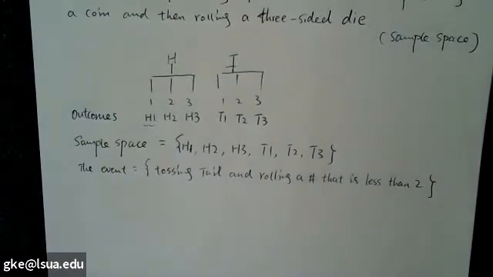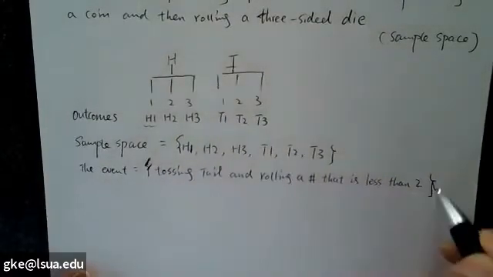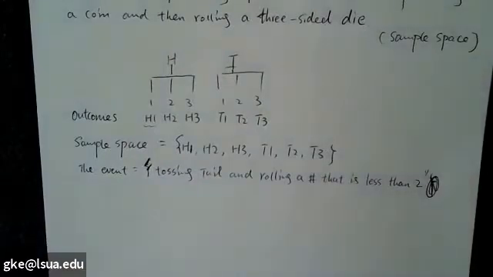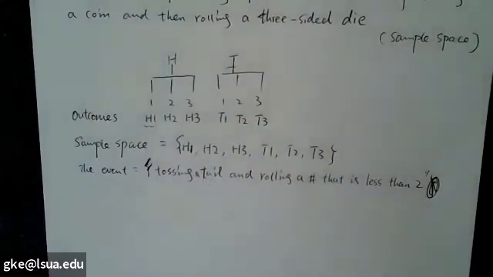Try this one. Oh, the event, sorry. No brackets. Write down the event: tossing a tail and rolling a number that is less than 2. Okay, write down the event.